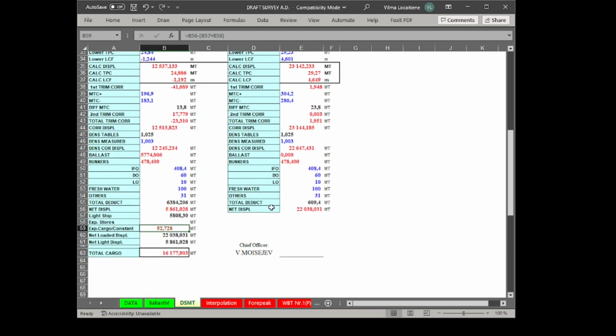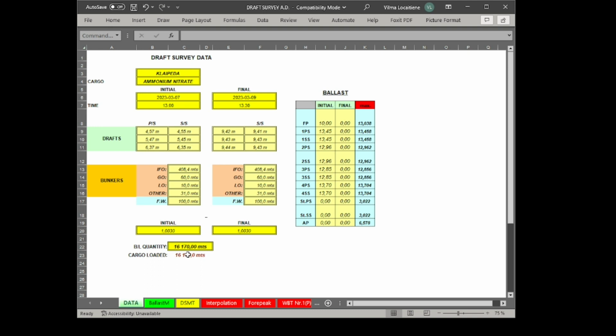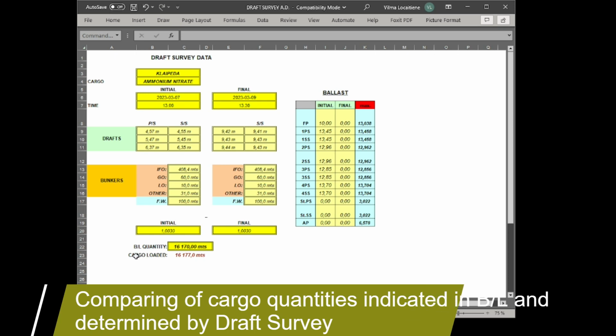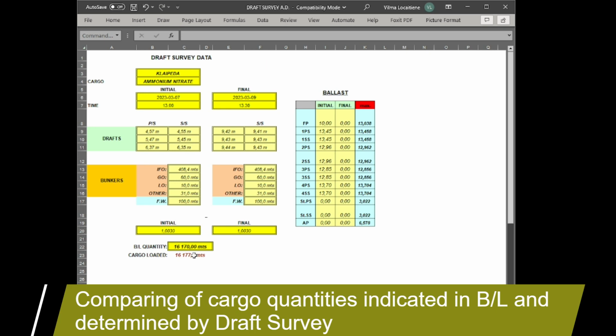And lastly we can see that the quantity of cargo is the difference between the initial net displacement and the final net displacement. And there we can compare the bill of lading quantity and the quantity of cargo found using the draft survey.